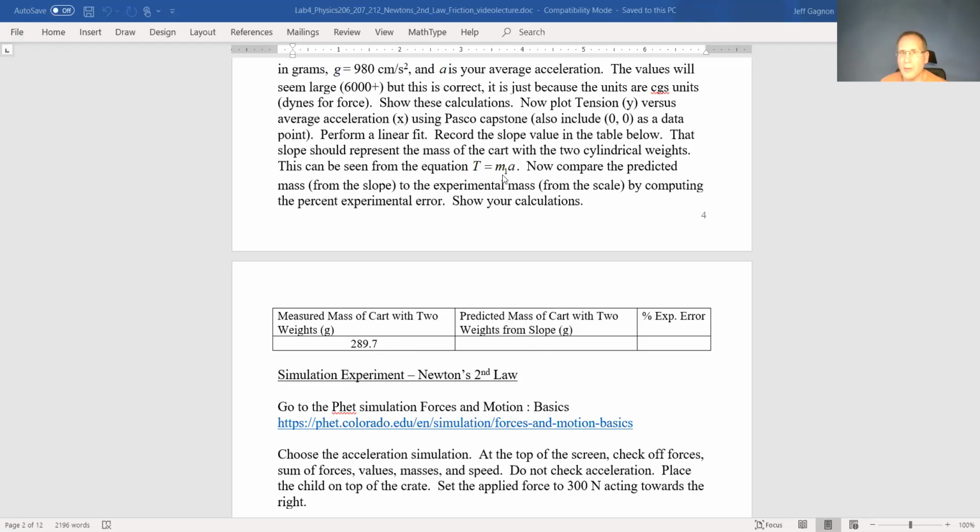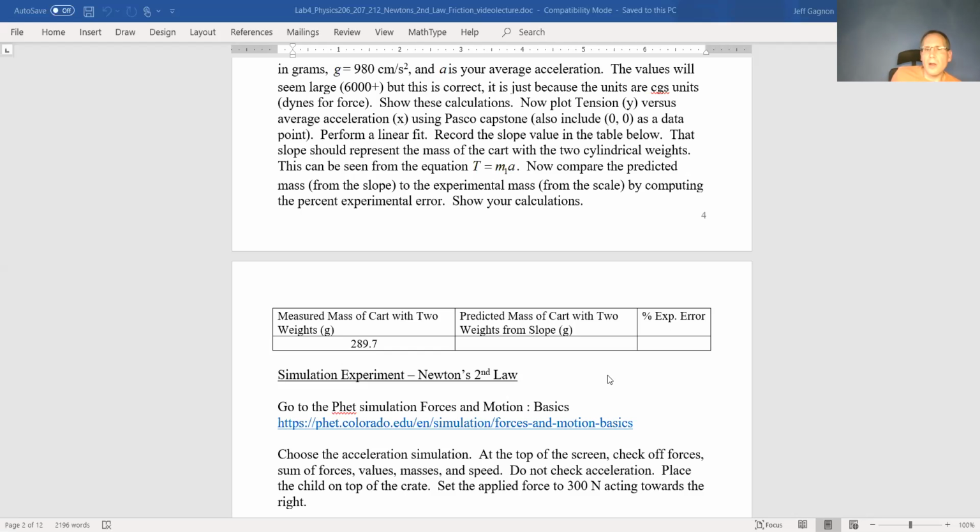So when you plot your graph and figure out that slope, that's going to be the predicted mass of the cart with the two weights. Then I want you to compare these two by computing the usual percent experimental error. For this one, divide by the predicted, right? We always divide by the predicted. So we're going to assume that this is the predicted mass of the cart with the two weights. And hopefully you get a fairly small error here.